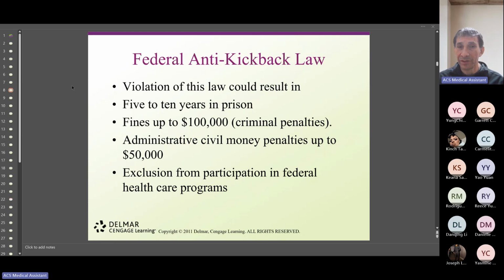But it's very serious. So for this federal anti-kickback, remember, this is just for referring your patients and being compensated for it. We're not talking about just regular fraud, but this is considered fraud because you are being compensated.